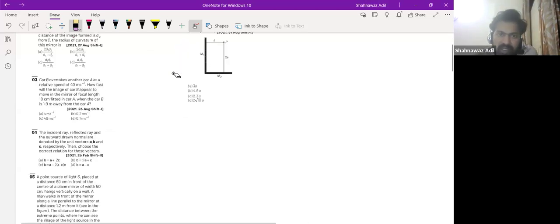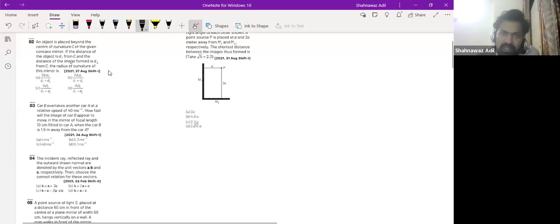Okay, so what is the second one? In the second one, we have an object at the center of curvature C of the concave mirror. We have this concave mirror, the focal length and the center of curvature.